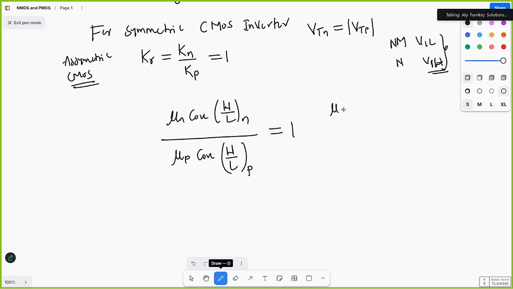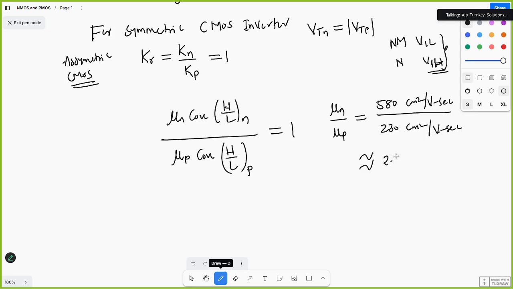So mu n by mu p: mu n is 580 cm squared per volt second, a constant value, the mobility of electron, and the mobility of hole is 230 cm squared per volt second. If you calculate this, you get around 2.5 times.